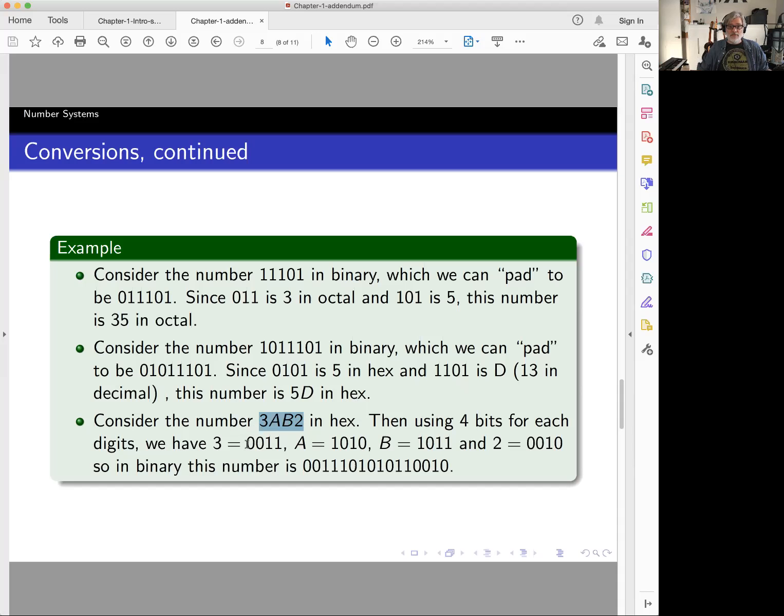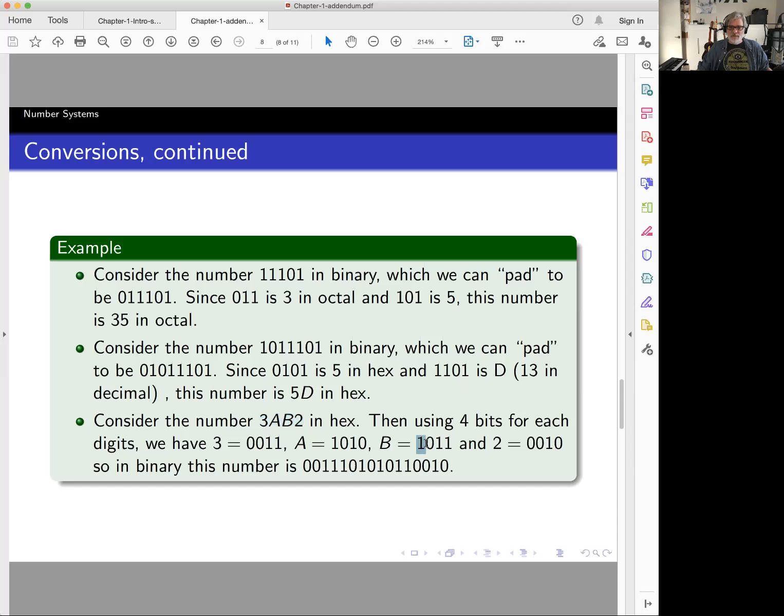So 3 is 0011. A, which is 10, is 1010 in binary, right? 8 plus 2. B is... If you're not used to this, this might be going a little fast, in terms of, whoa, what is, 10 is 1010, so sit down and do the computations. It'll help, but you'll have to do it after.